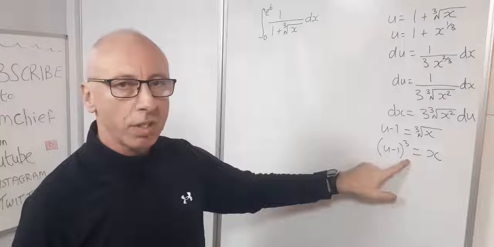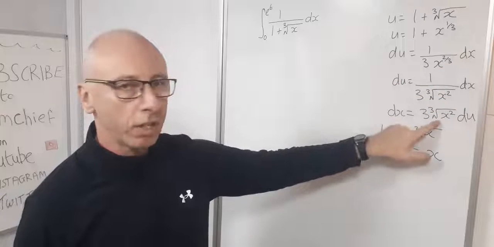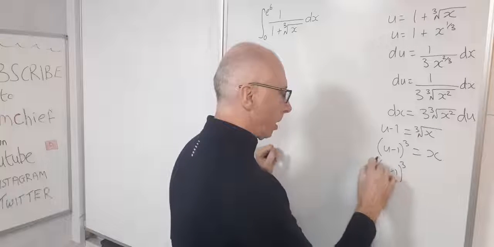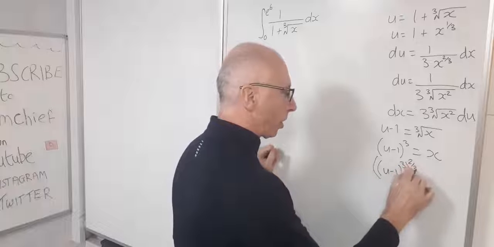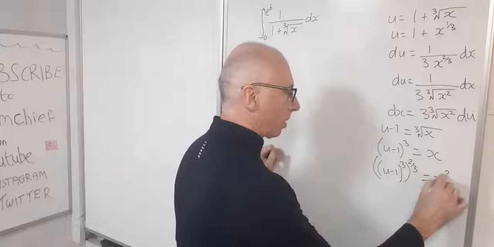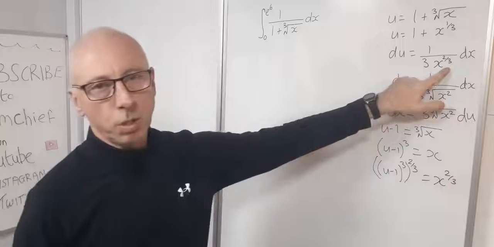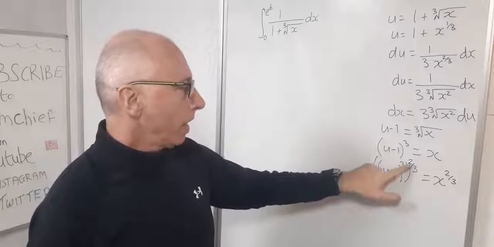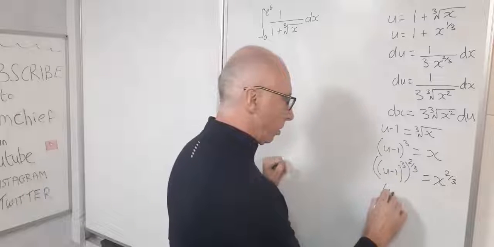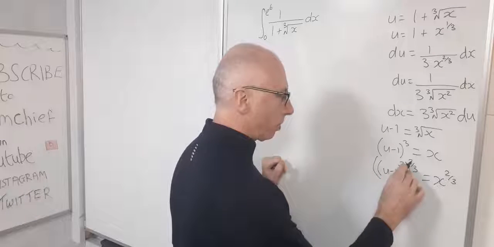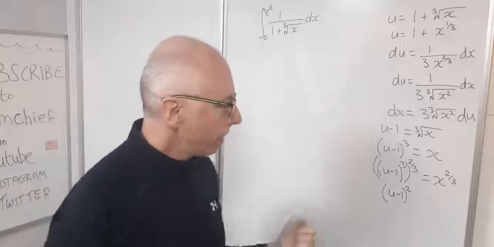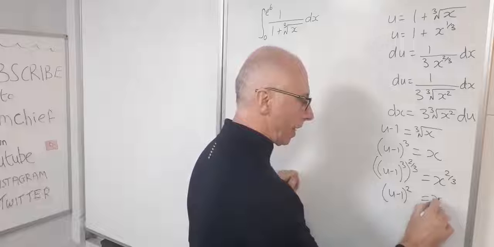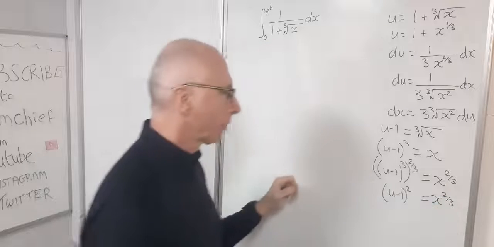If we raise both sides to the 2/3, then we'll get a solution for this. So then we've got u minus 1 cubed, and then to the 2/3, that will equal x to the 2/3, which is what we want here. So taking care of this, we've then got u minus 1 squared, so 3 2s are 6, divided by 3 is 2. That's legitimate for our power rule, and that equals x to the 2/3.